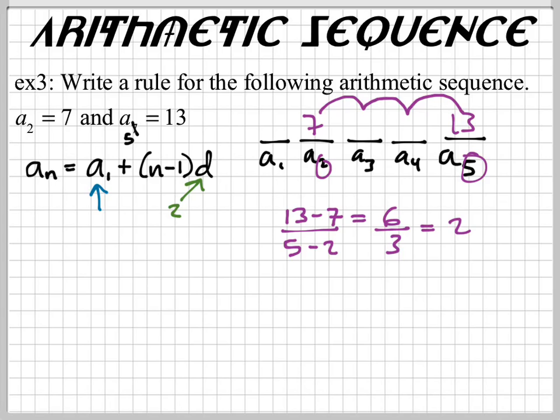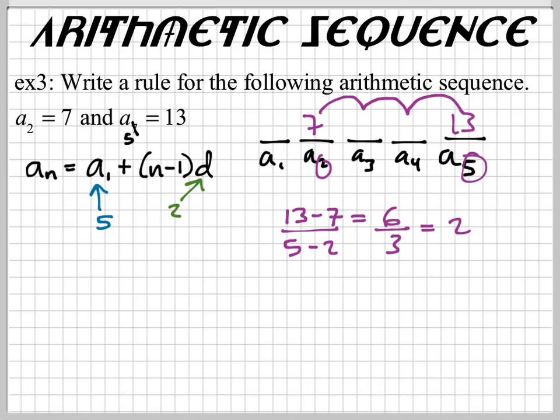Now we just need the first term. There's a really fast way to find the first term for this one, because we're given the second term. So what's the first term if the common difference is 2? Yeah, it's 5. You just have to subtract 2. But let's say it was way more complicated than that. This is what you would do.